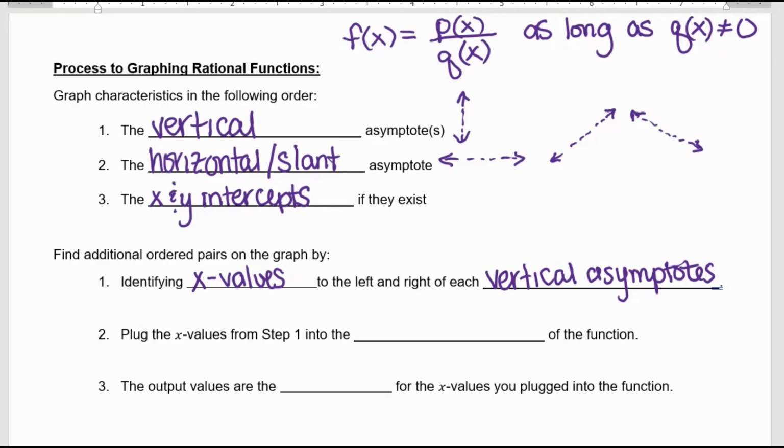We're going to plug those x values that we pick into the simplified form of the function. Remember, once you simplify, we never look back. You don't want to go back to the chaos. We're moving forward. And after we plug in those values, the output values, the numbers that we get after we simplify, are going to be the y values for the x values. So you have found ordered pairs.